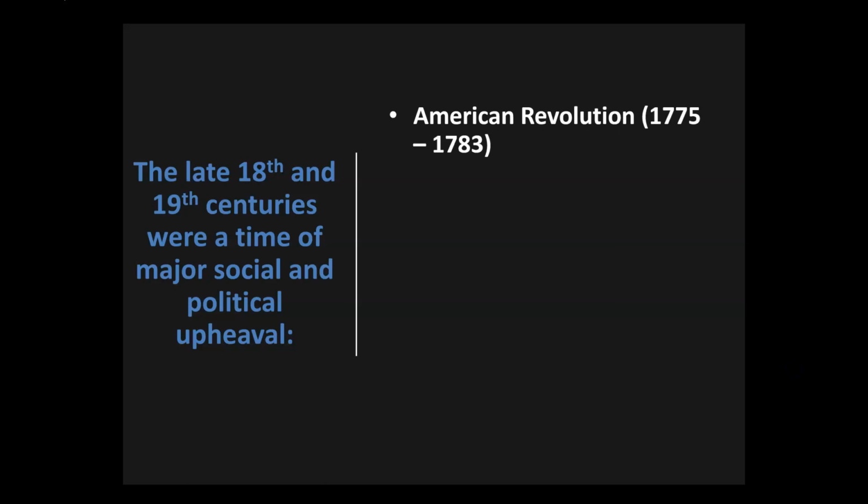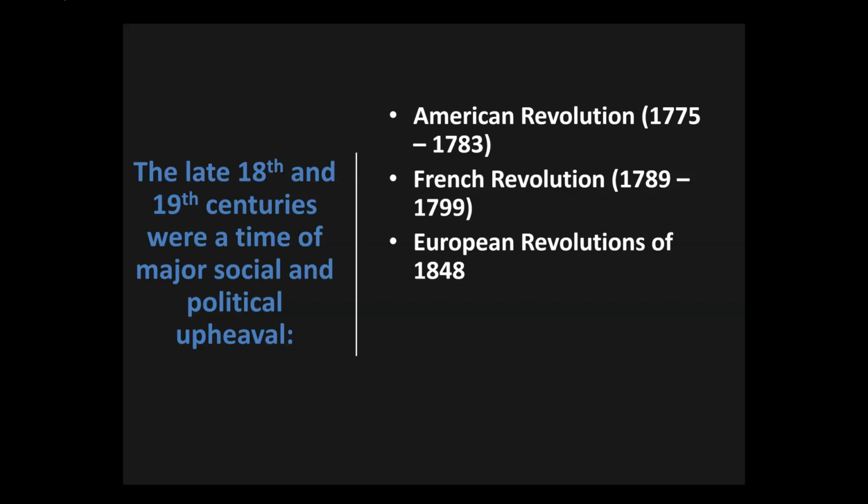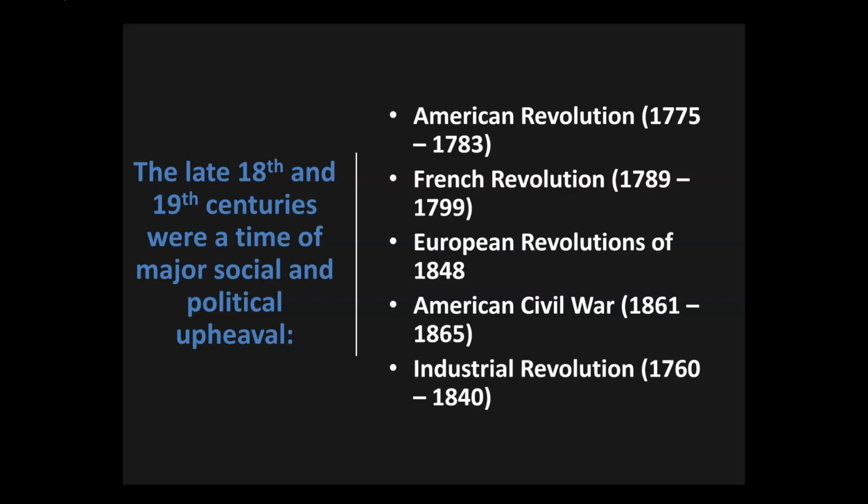We had the American Revolution from 1775 to 83, the French Revolution from 1789 to 99, the European revolutions of 1848, the American Civil War from 1861 to 1865, the Industrial Revolution from 1760 to 1840, and that's just focusing on Western issues. The whole world was going through quite a bit of rapid change, disassembly and reassembly.